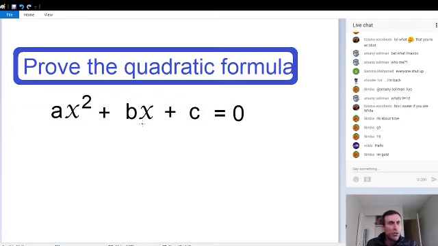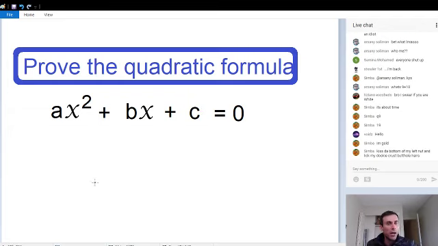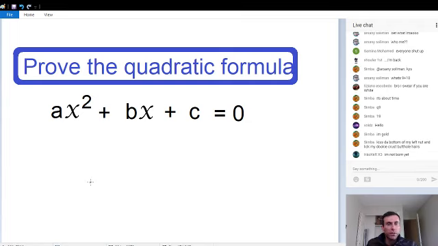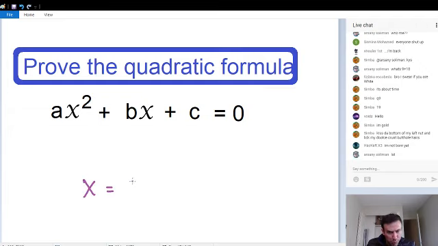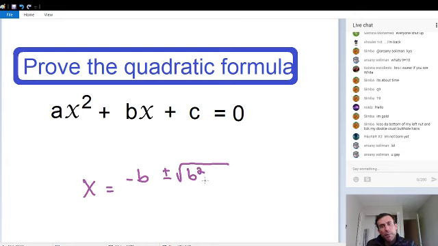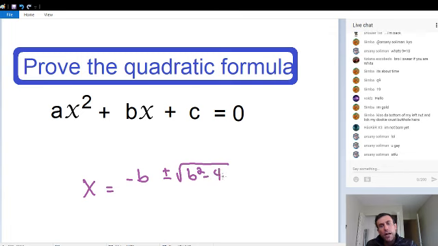All right, and the quadratic formula, just to let you guys know, if you have the standard form of the equation, x is equal to negative b plus or minus the square root of b squared minus 4ac, all over 2a.